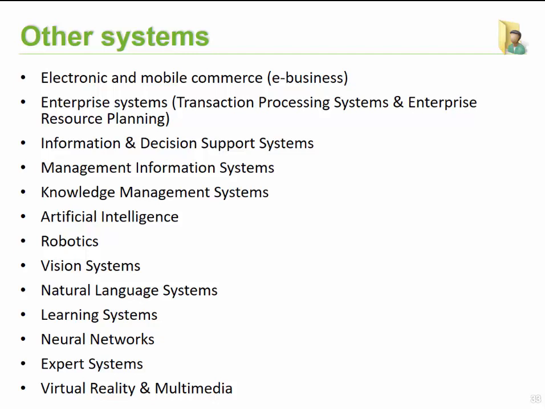We would find information and decision support systems, helping us to make better decisions. Managing the information in all of our systems: management information systems, knowledge management systems, and artificial intelligence, which is one that we're starting to hear more and more about, where we at this stage have given computing devices the ability to start to learn and to make their own decisions.